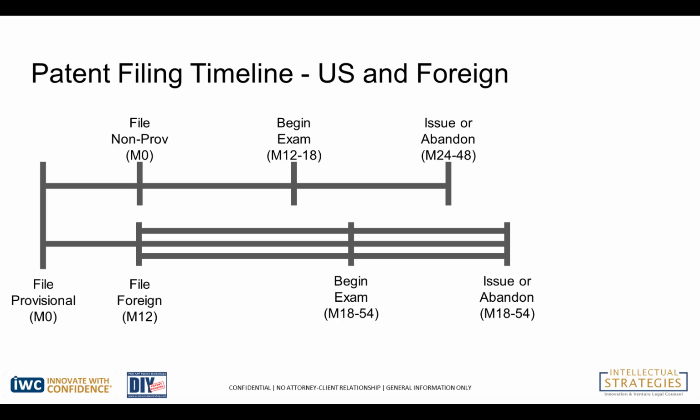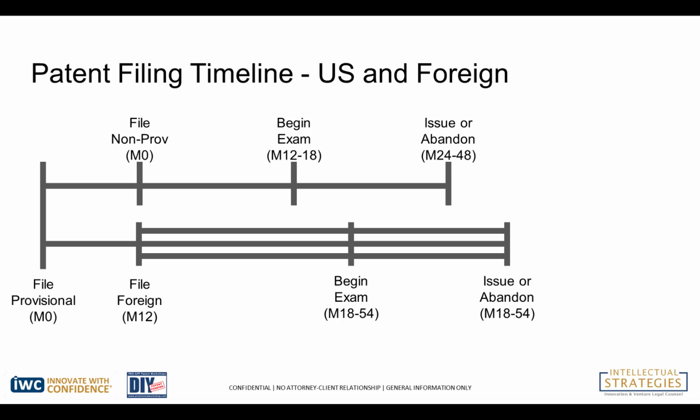In this slide, you can see that the provisional patent application is filed at month 0. The U.S. non-provisional patent application is filed at the new month 0, sometime 12 months after the provisional patent application is filed. And here, instead of filing a PCT international patent application, you can actually opt to file directly into foreign countries by the 12-month mark. Instead of using the PCT rules to file one international application and buy additional time to later go into individual countries, you can file under what's called the Paris Convention, or PC, to file from the United States into individual countries.